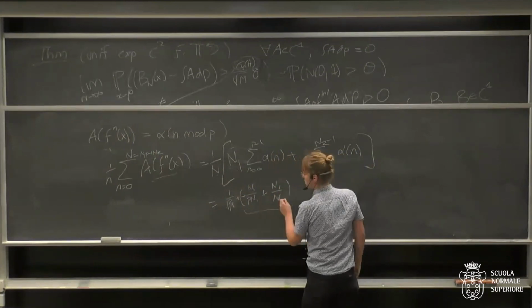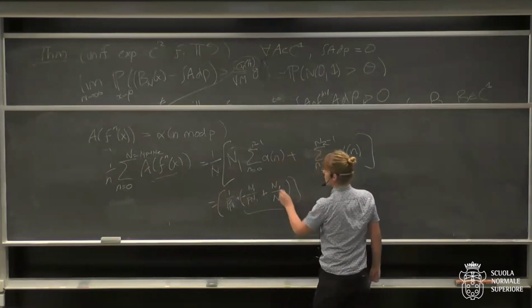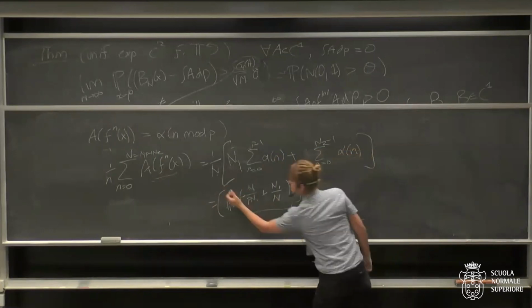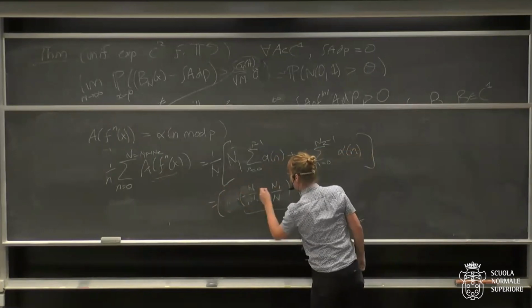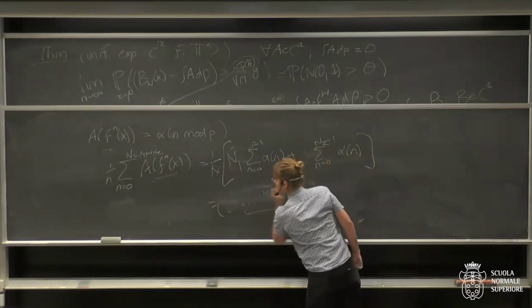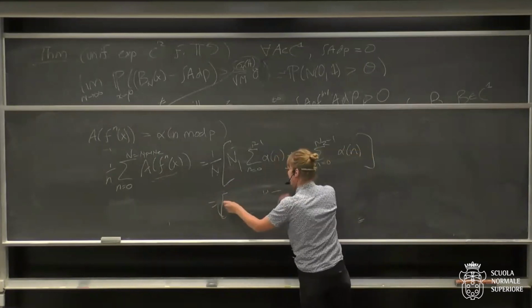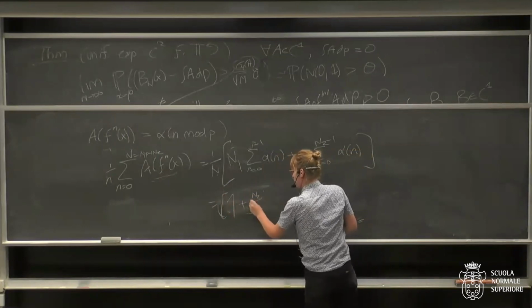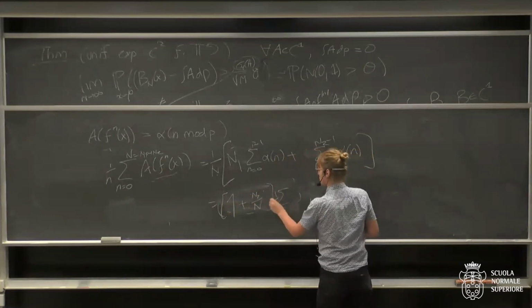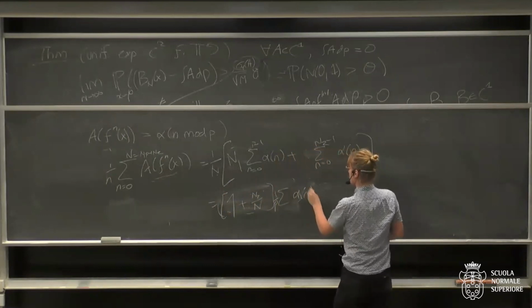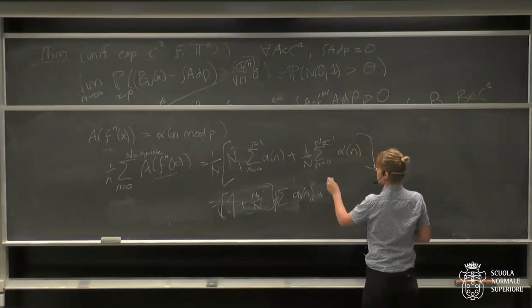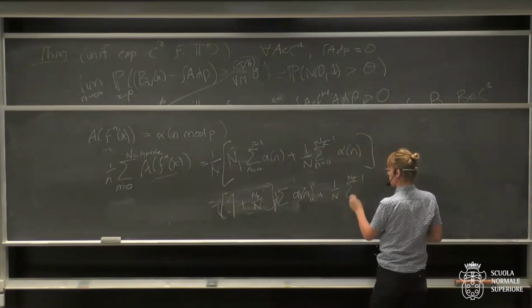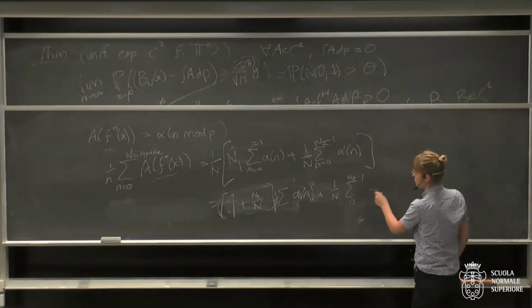If you mess around with it, here we go. Sorry, this is 1 plus n2 on n times this average, plus 1 on n times a sum of length n2, some stuff.